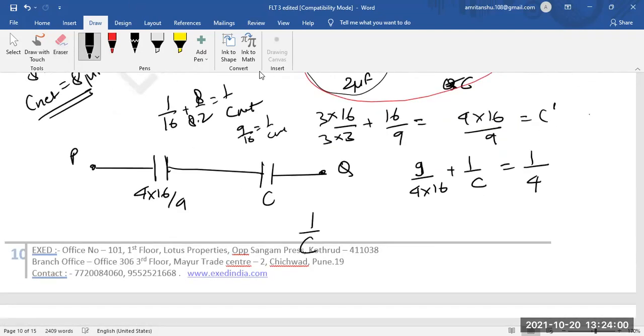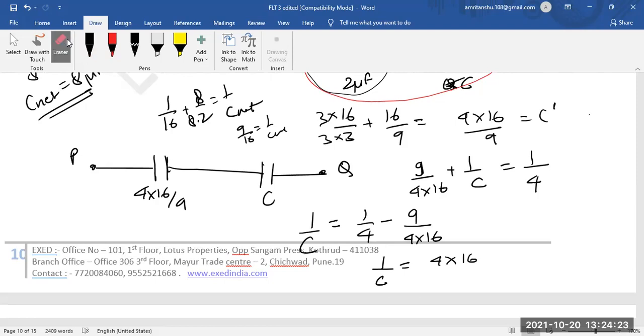So 1 by C is equal to 1 by 4 minus 9 by 4 into 16. And when you solve this, you get 4 into 16, I'm sorry. You can just take 1 by 4 as 16 minus 9 over 4 into 16.